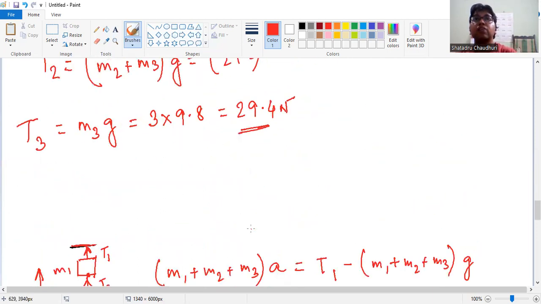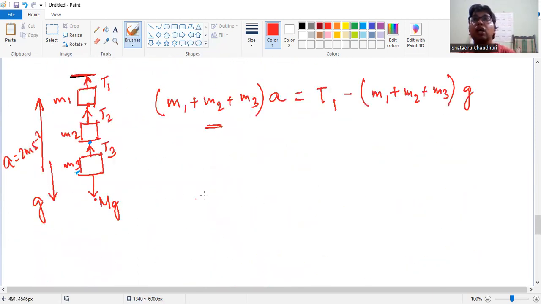But in this case, when the system is actually moving, T1 is unable to balance the weight of the body. So the difference of T1 and the weight of the body is generating some resultant force. That force is equal to the total mass times the acceleration of the body. So now this is my equation of motion.